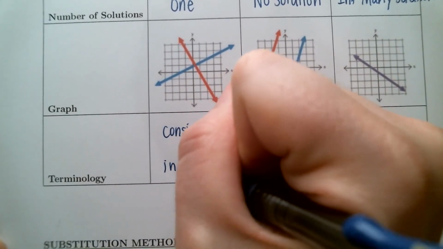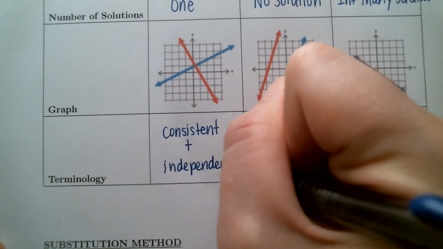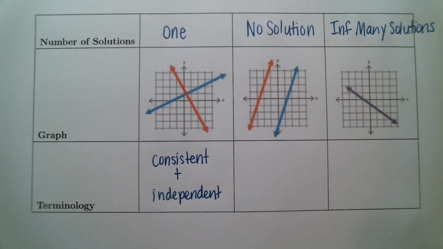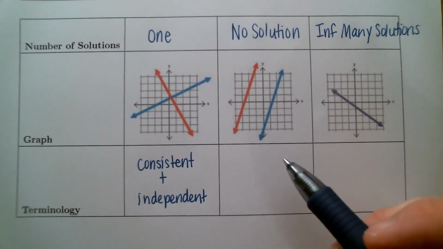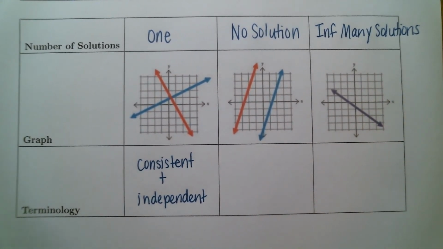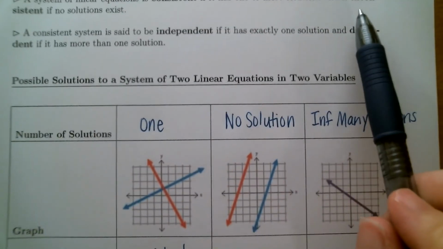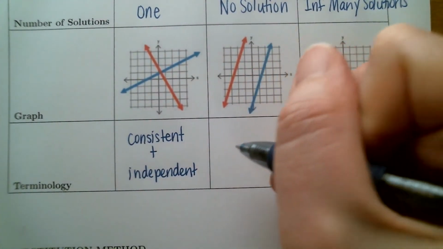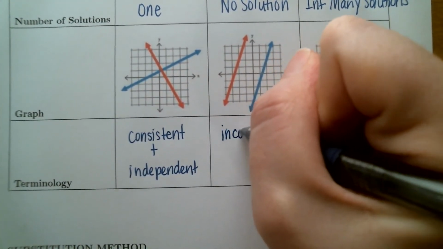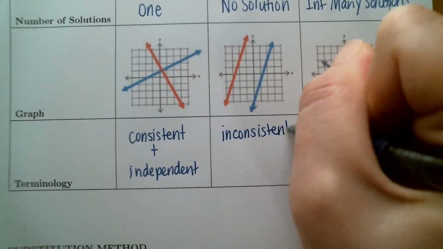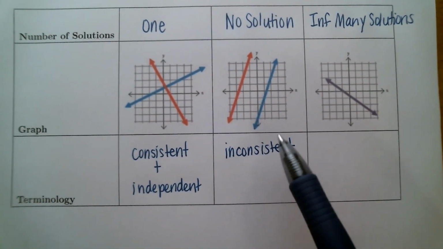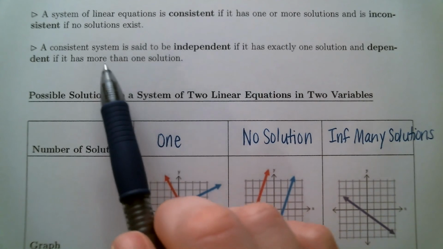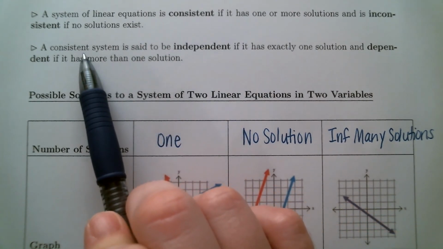Next, if you're dealing with 2 lines that are parallel, there is no solution. No solution means it is inconsistent, so this would be an inconsistent system. Because there's no solution, we cannot apply the terminology dependent or independent, because to apply these terms, it has to have a solution.